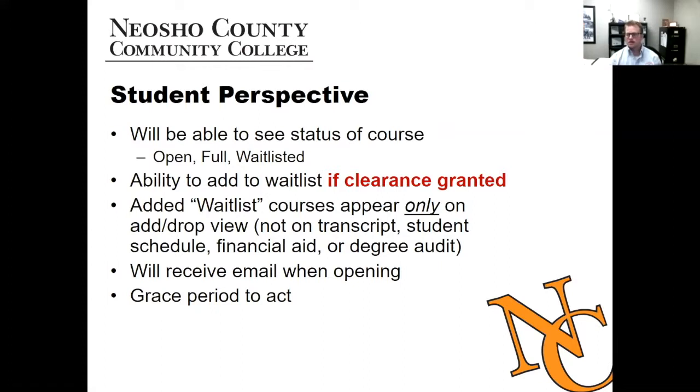So if they're looking at their transcript or pulling their student schedule, or financial aid is pulling a report for that student, or if an advisor is running a degree audit or the student's running a degree audit, it is not going to appear on any of those other views. So that was one thing that we definitely wanted to check in testing: where is this going to appear and how might that impact the student. So it's only showing up if they're on the wait list in the add drop view on My Neosho.